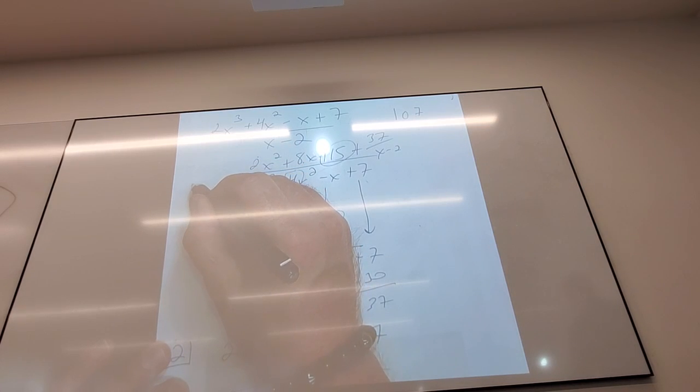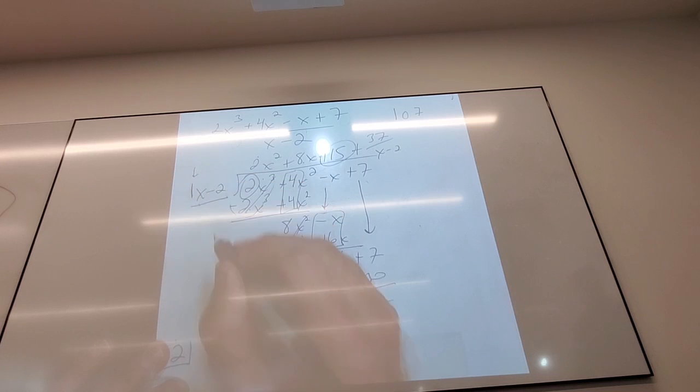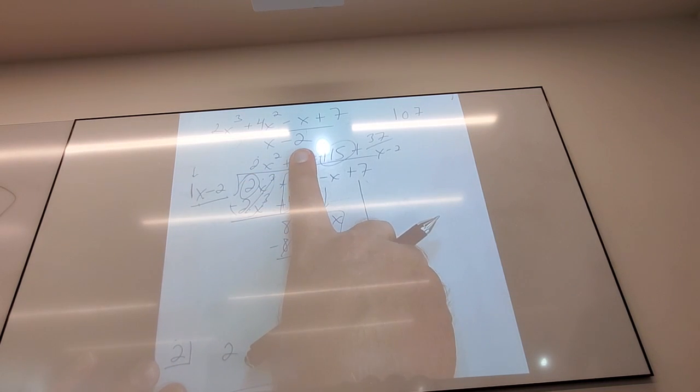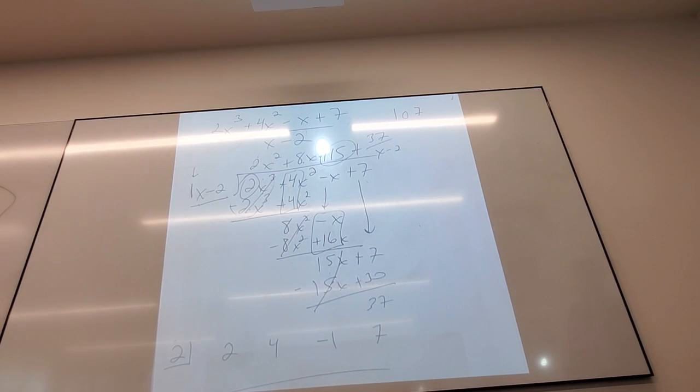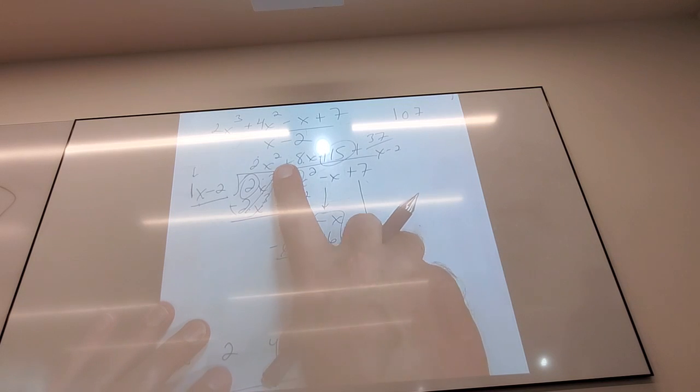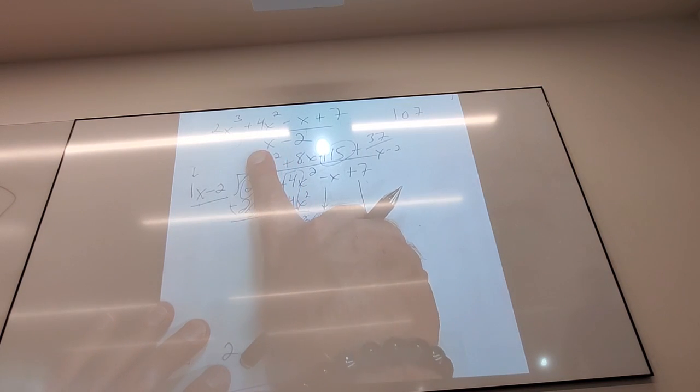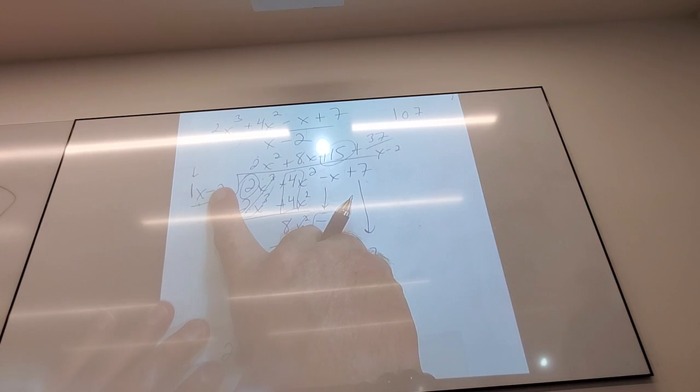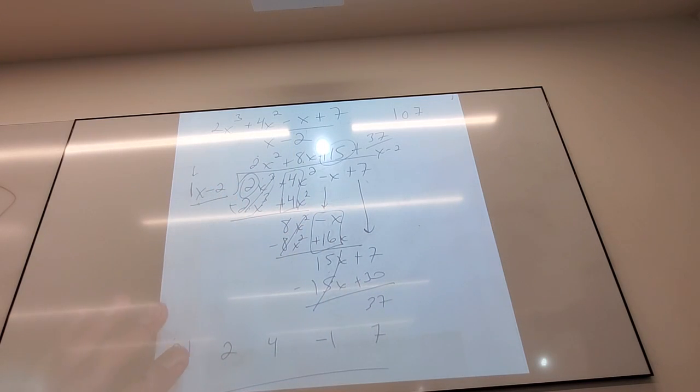Here's the first thing I'm going to notice about this method. It only really works directly if I have a linear, slope 1 divisor. Let me say that in more jargon: it only works if the bottom has a coefficient of 1, power 1. That's one reason why it works so nicely.